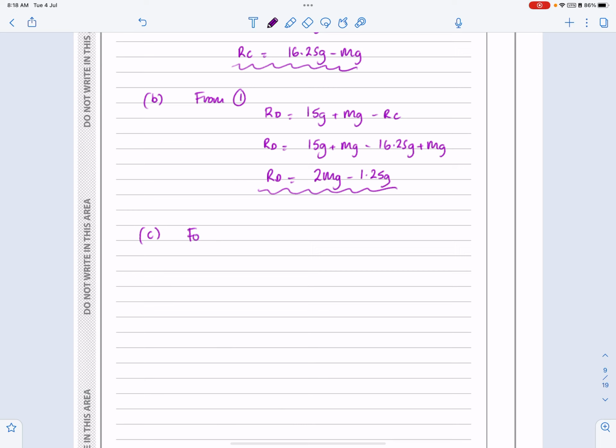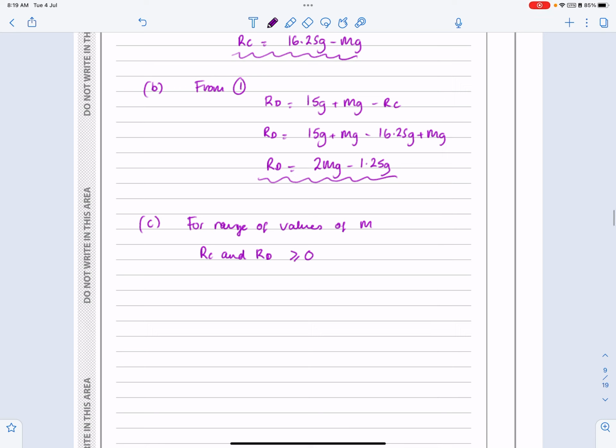I'm going to say for a range of values of m, RC and RD both have to be greater than or equal to naught, and let's do RC first of all.